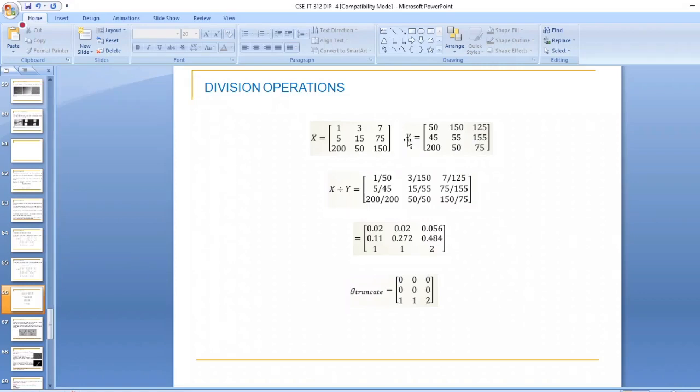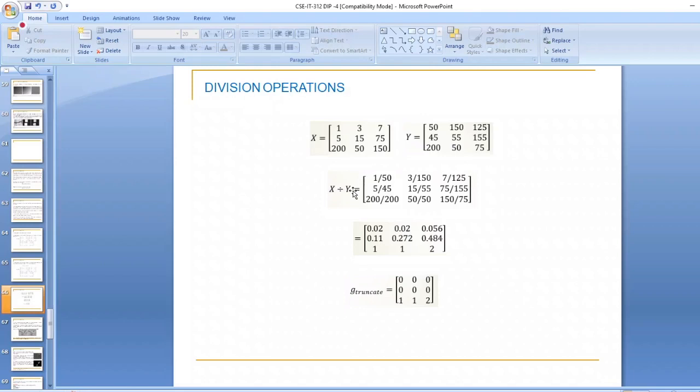Similarly, the image Y has 50, 150 and 125 in the first row, 45, 55 and 155 in the second row, 200, 50 and 75 in the third. Now we have to perform the division operation. So write X operator Y. So the operator is the sign of division. Now it is equal to this array.